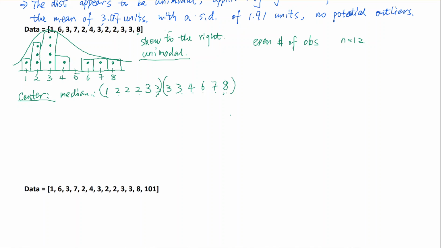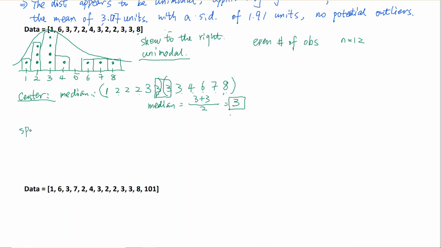So where is the middle value? The middle value will be these two, right? Okay, so your median will be just the average of these two values. So it would be 3 plus 3 divided by 2, which is just 3. All right, so this is about the center.